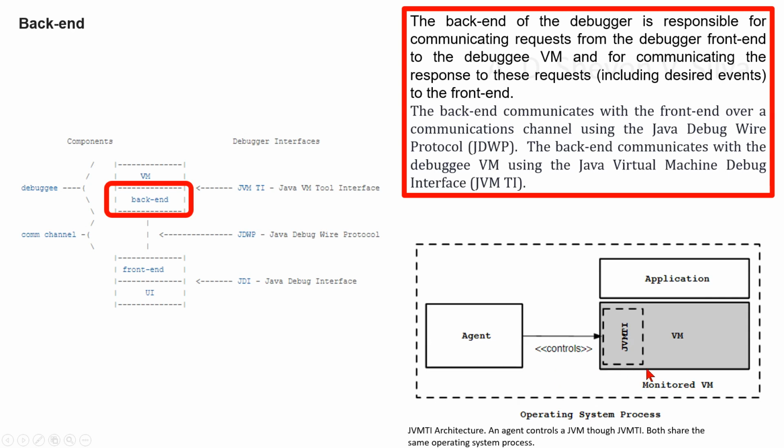JVM TI agents are meant to be written in C to be as compact as possible and allow maximal control with minimum instruction.